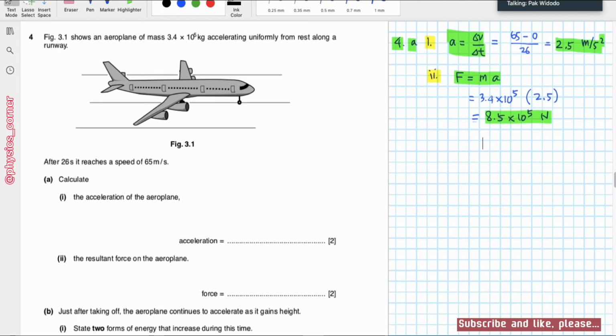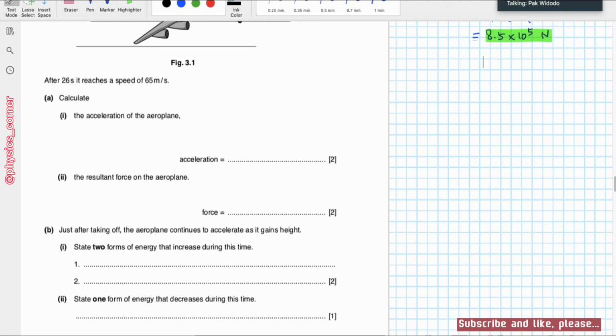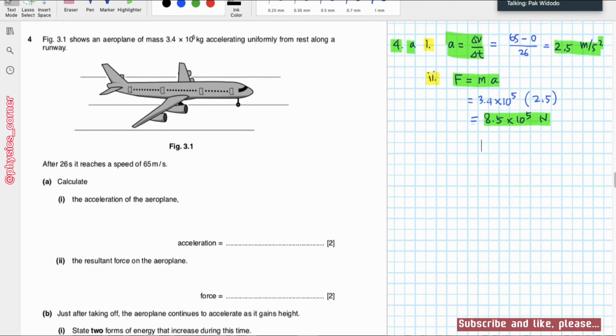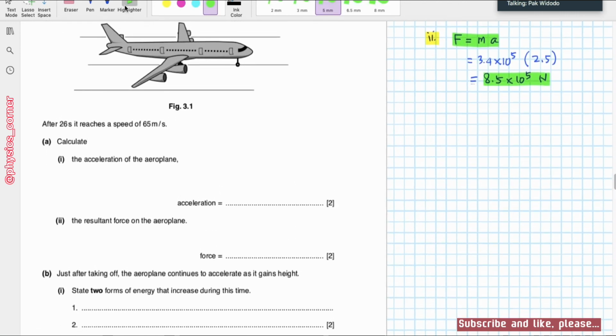Then, what about B question? Just after taking off, the airplane continues accelerating and gains height. State two forms of energy that increase during this time. Yeah, energy. What energy?